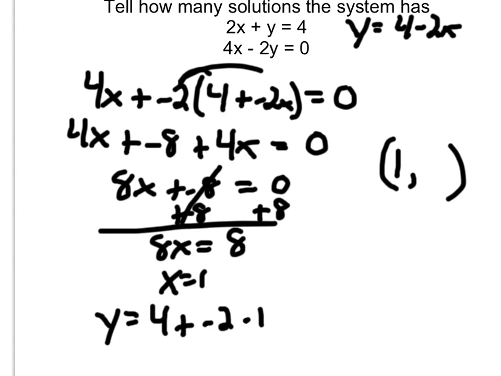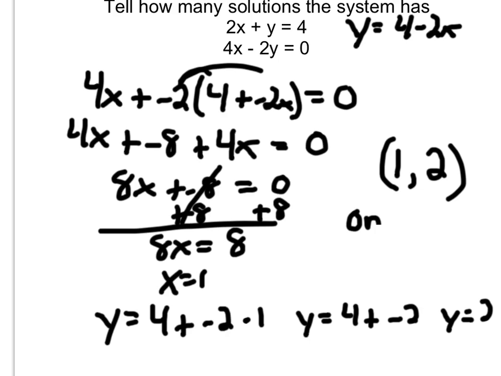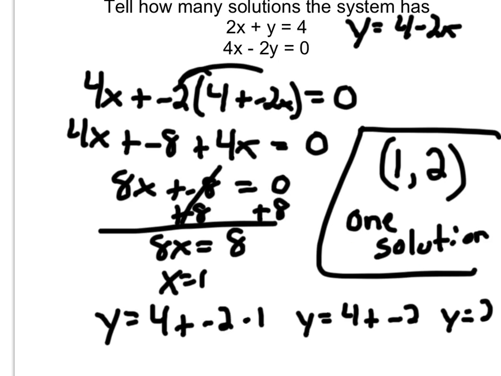That's y equals 4 plus negative 2 times 1, which is negative 2, so y equals positive 2. My solution is (1, 2), and it says to tell how many solutions, so I'm going to put one solution. If it says tell how many solutions it has, and it actually has a solution like this, I want you to write it down. So the solution is (1, 2).